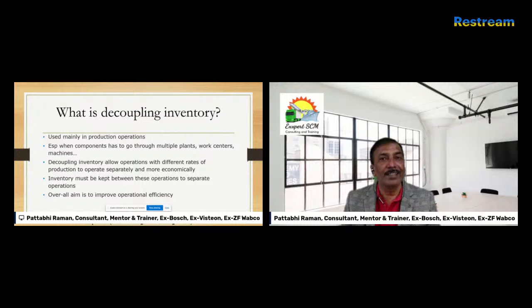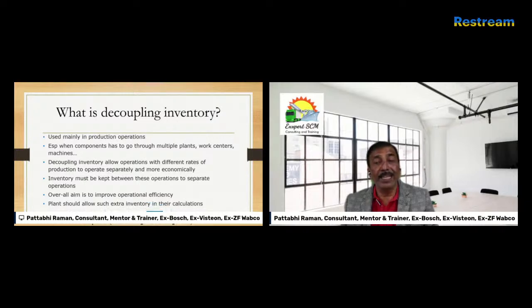But there are Japanese companies who get such types of machines, especially in large operations. Hope this has given some idea. So you need to keep some extra inventory like this if you want to improve the operational efficiency of production.